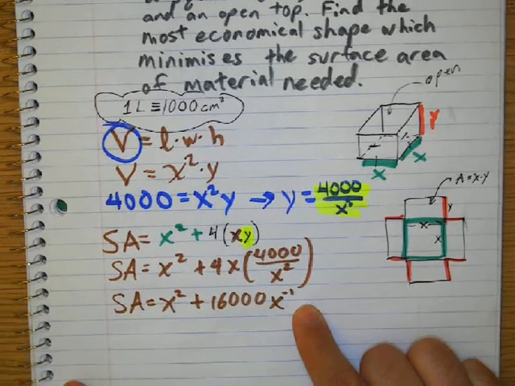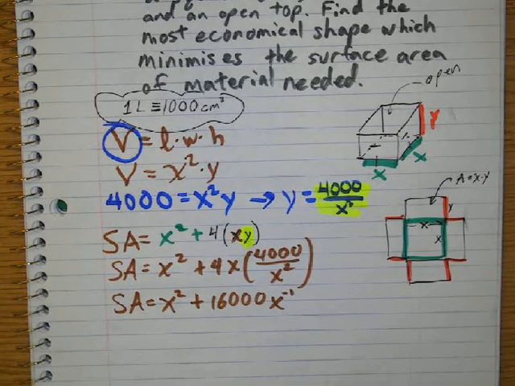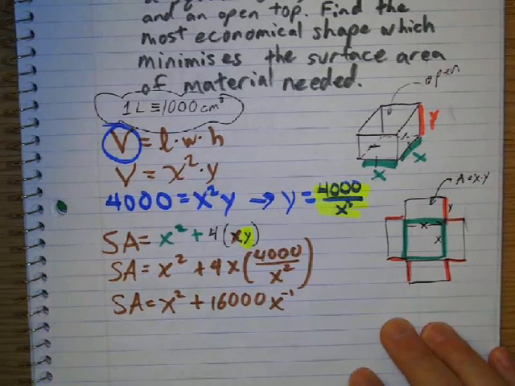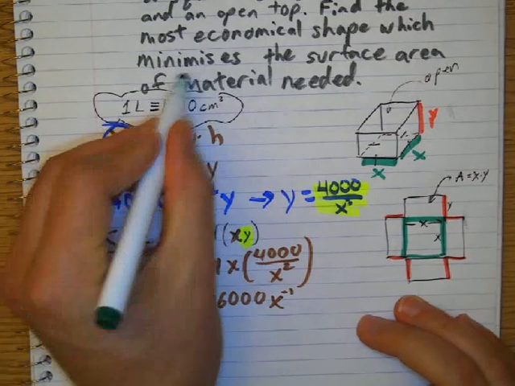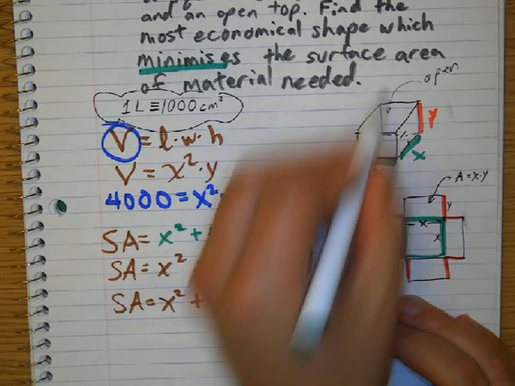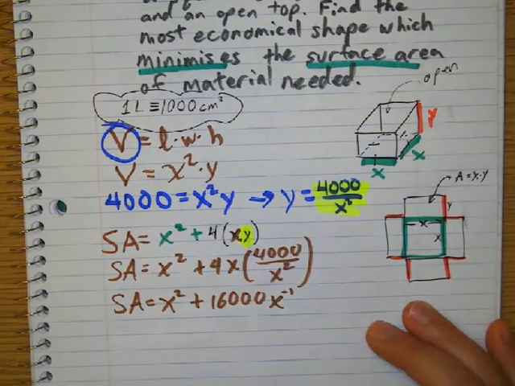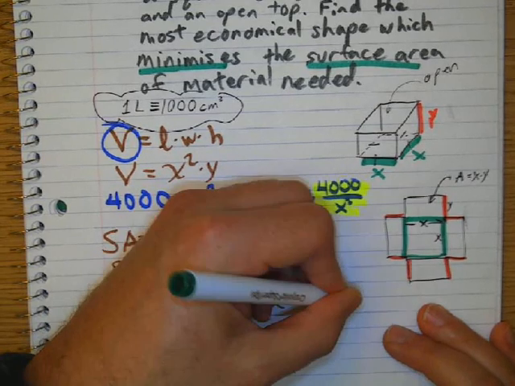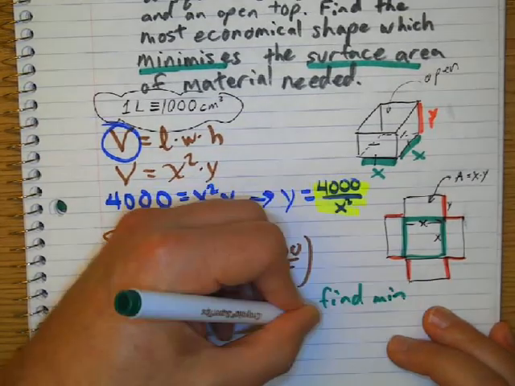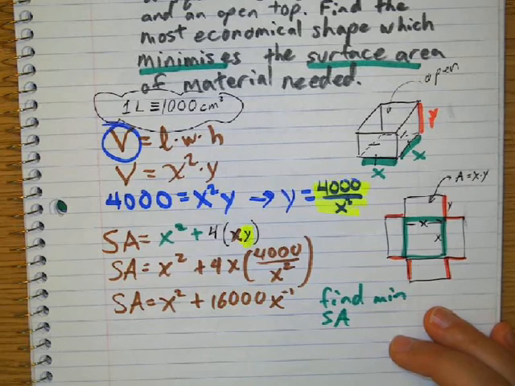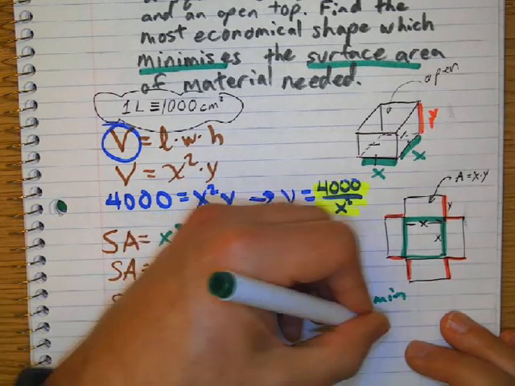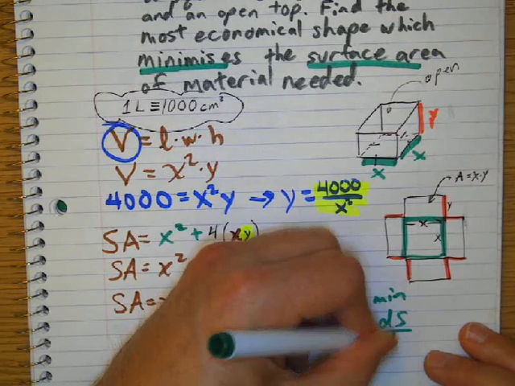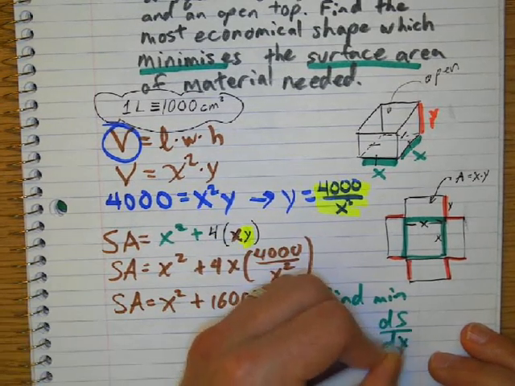Okay, so now in order to find the minimum surface area, we need the derivative of this equation to be 0.